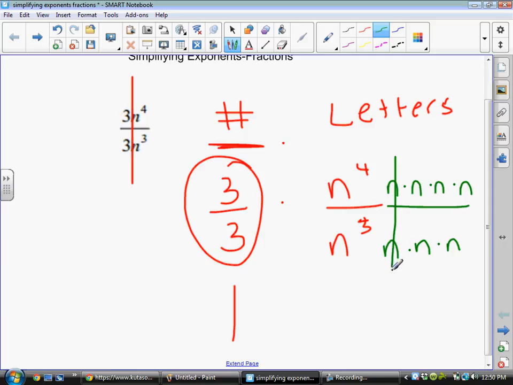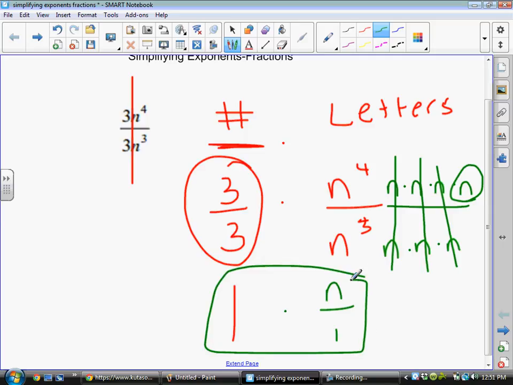So these will cross out, that becomes a 1, these will cross out, these will cross out. So I have an n left on the top of my fraction. So I'm going to say n over 1. Whenever there's nothing left on the denominator, it's not 0, I can't have a 0 on the bottom, it's a 1. So all I have left from this problem is 1 times this, which really results in just an n. 1n. You can write a 1 in front of that as well.